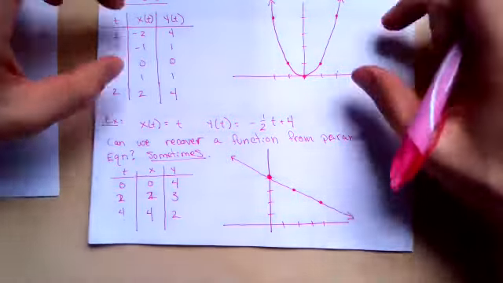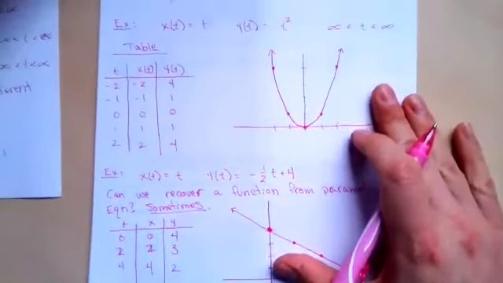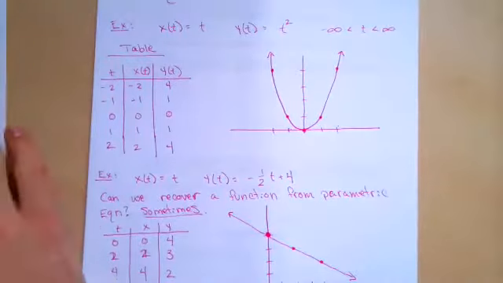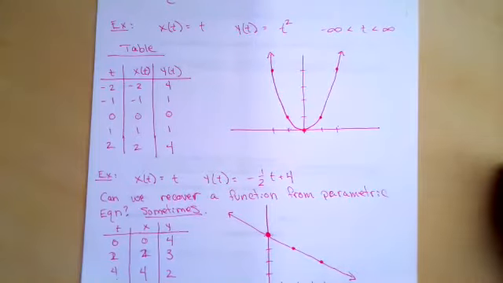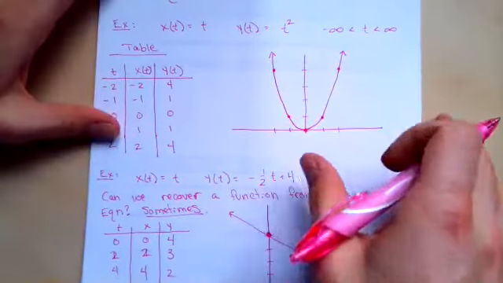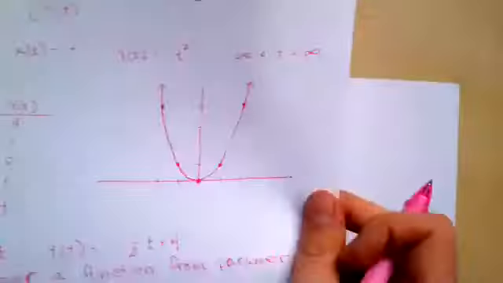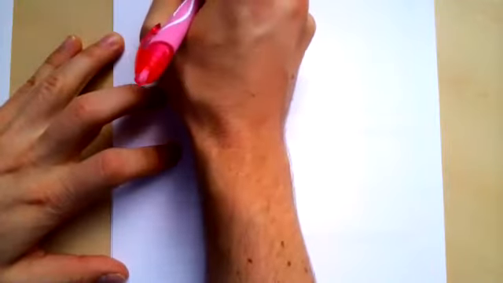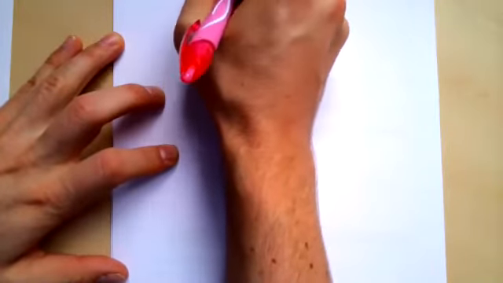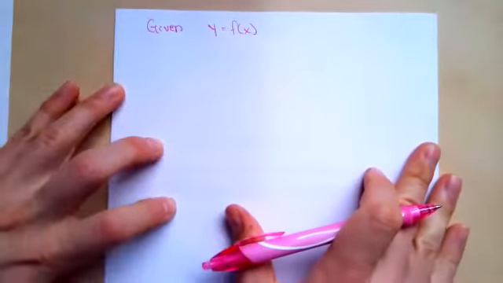So sometimes we can recover information from parametric equations, or vice versa. I could be given a function, and if I want to come up with parametric equations for it, we could easily enough do so.